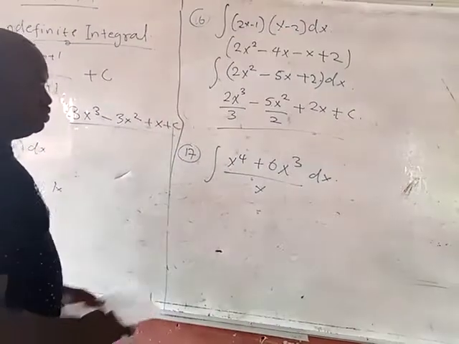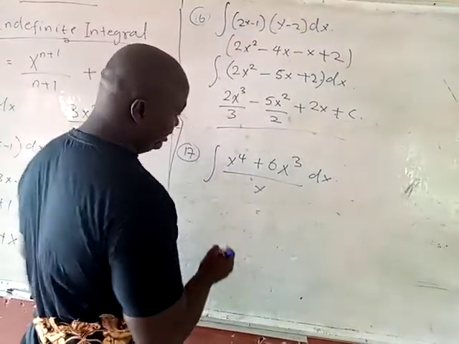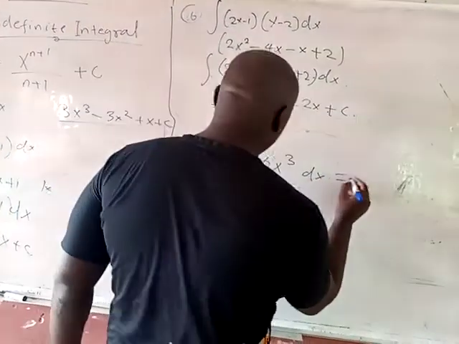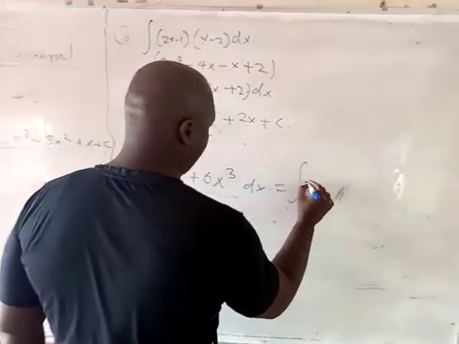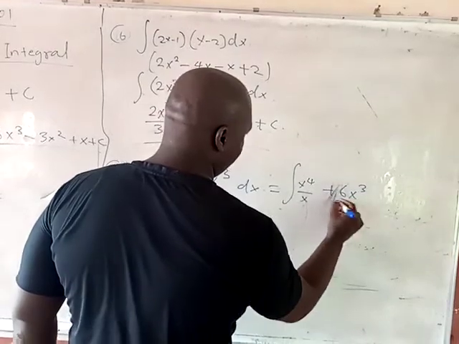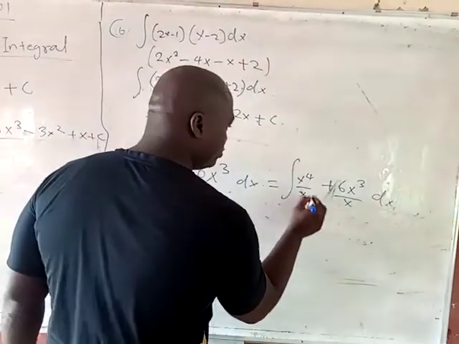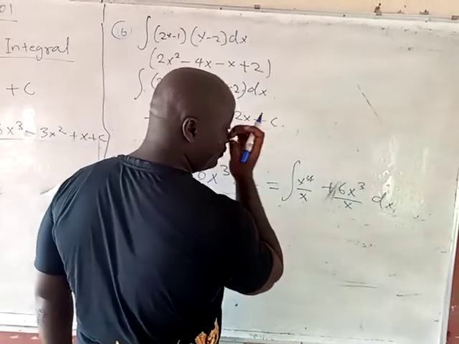You divide out. You can see that x can go into this place, x can go into this place, right? So this is the same thing as x raised to the power of 4 divided by x plus 6x raised to the power of 3 divided by x dx.